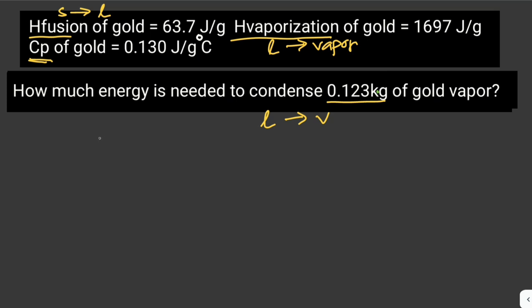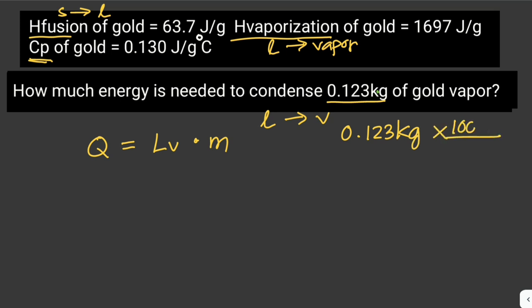So the same formula, heat equals the latent heat of vaporization times the mass. The mass given here is in kilograms, so we need to convert 0.123 kilogram to grams. So we just multiply this by 1000 grams because there are 1000 grams in 1 kilogram.